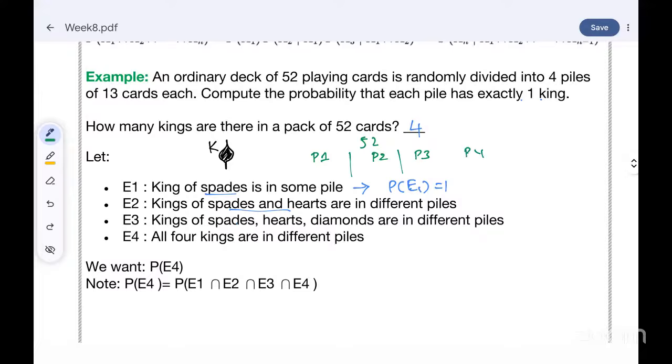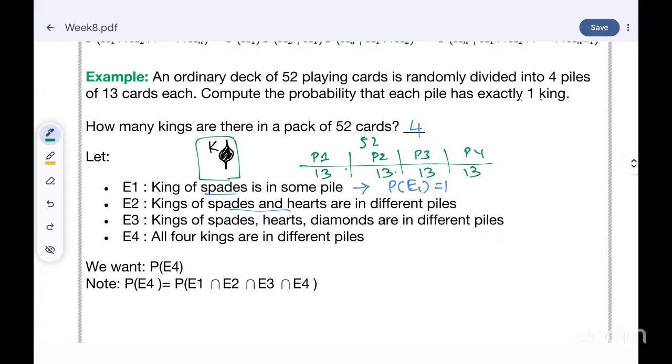So 4 different categories it is split in. Now each of these is having 13 cards. Now this card must be there in any one pile, correct? Yes or no? Yes, ma'am. That is for sure, right? This card will be there in any one pile, that is for sure. So E1 is the event of having this particular card in any one of these piles. And that is for sure. And hence probability of E1 is 1.